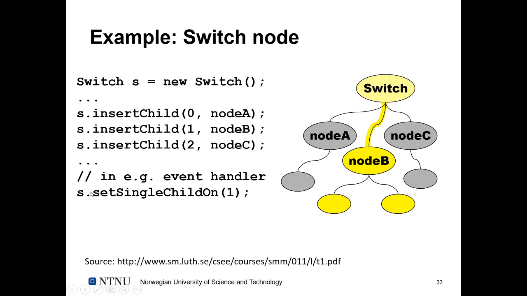You can basically set some single child on, or you could set several children on. Here's a single one. So if for example you say s.setSingleChildOn, you will activate node B here, which is basically referring back to this number. So here you could use this switch to, for example, control a traffic light. So if this is the red light, this is the orange light, and this is the green light, you can set this event handler later and make this light controllable from somewhere else, or wherever you'd like.